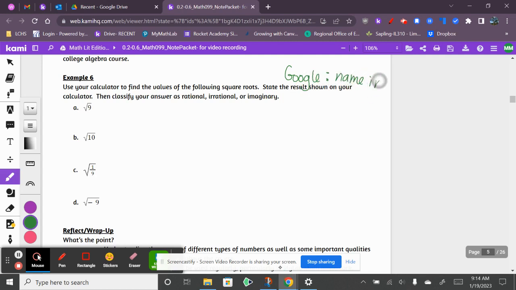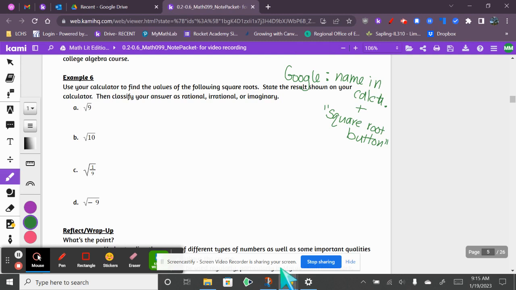So type in the name of the calculator, and then also add in square root button. Then you should be able to Google some directions on how to actually find how to do that on your calculator.